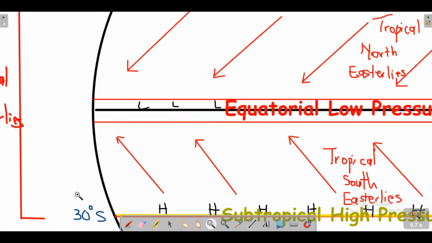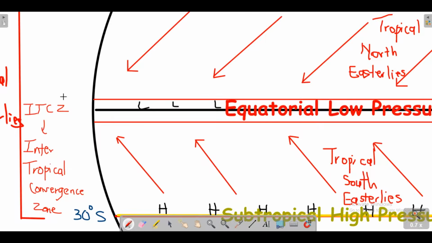That's why we call this point at 0 degrees the ITCZ. This is the point of convergence. ITCZ means intertropical convergence zone. That is the ITCZ, guys. It does shift depending on the season. It can go up, it can go down.